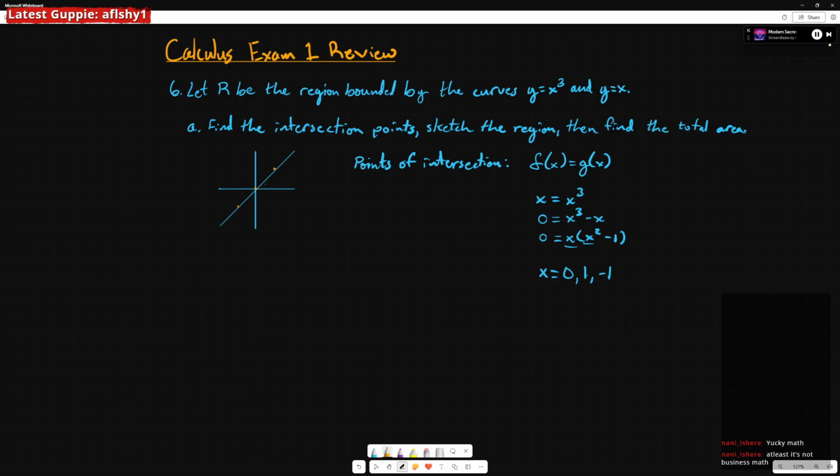Then we can just mirror it. And then we can say that 3 halves cubed is 9/6.